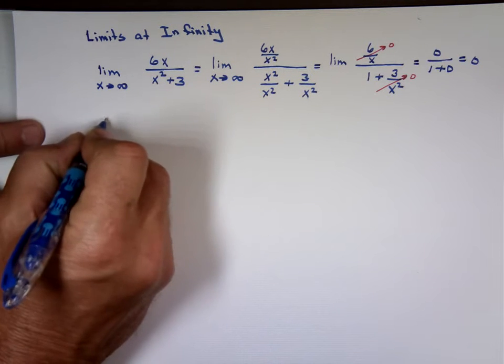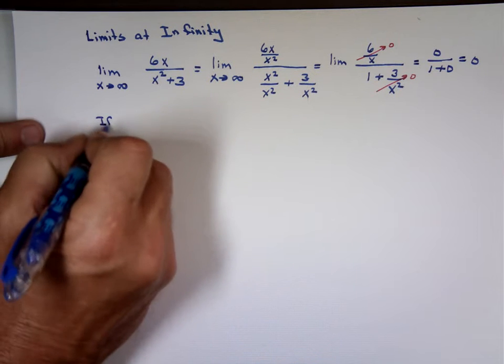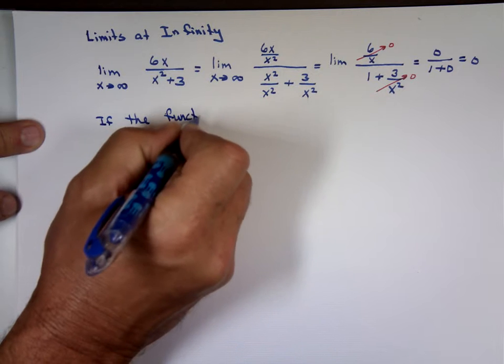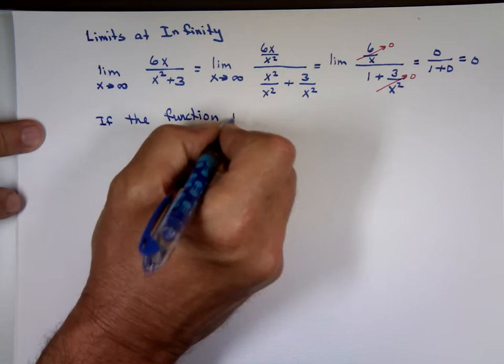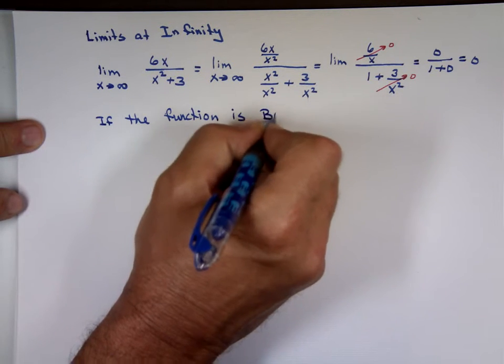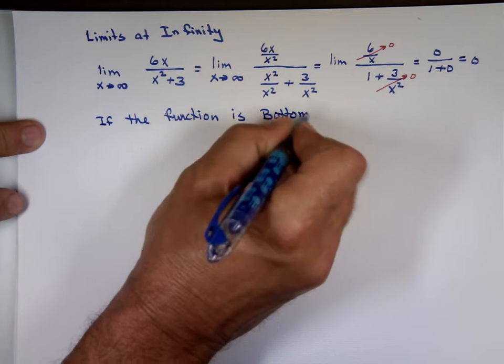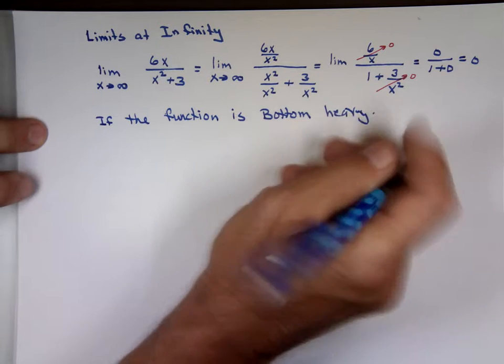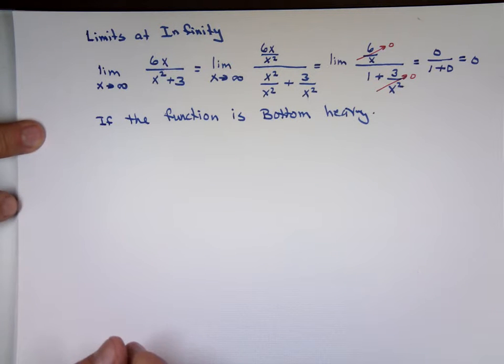If the function is bottom heavy, what do I mean by that? The exponent in the bottom is larger than the top.